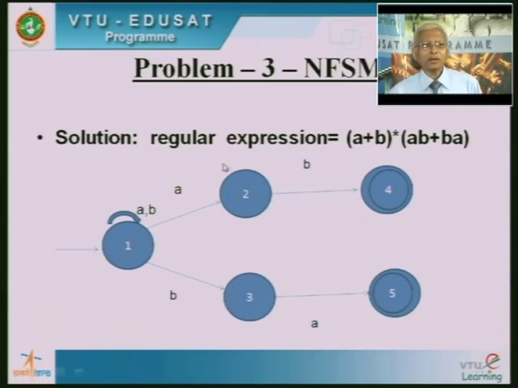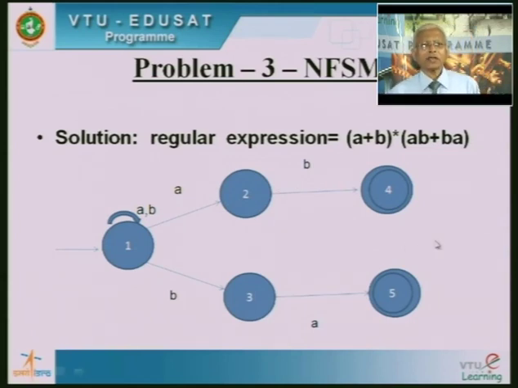So, now look at the regular expression A plus B star followed by any combination of A and B including 0 combination, followed by AB or BA, not both, AB or BA. So, this is the non-deterministic finite state machine.